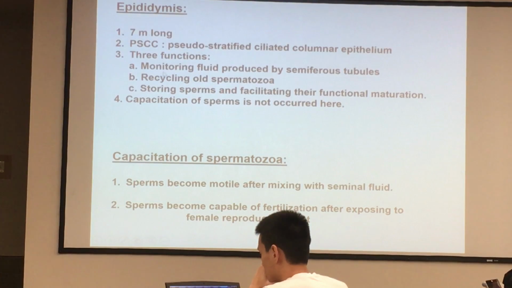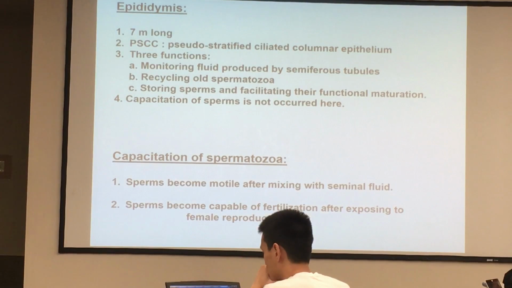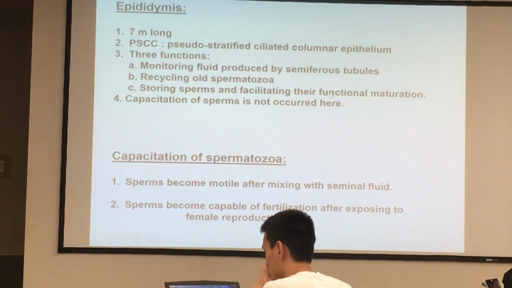It can monitor the fluid, adjust that, and recycle the old spermatozoa, meaning old sperm. If you don't have sexual activity, your sperm will break down, be cut to protein, and then recycled there. Okay, and it can store the sperm and help them slowly mature.